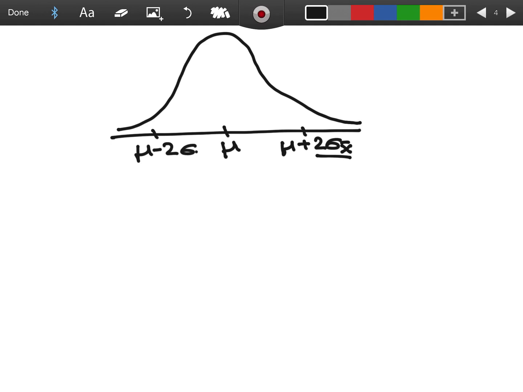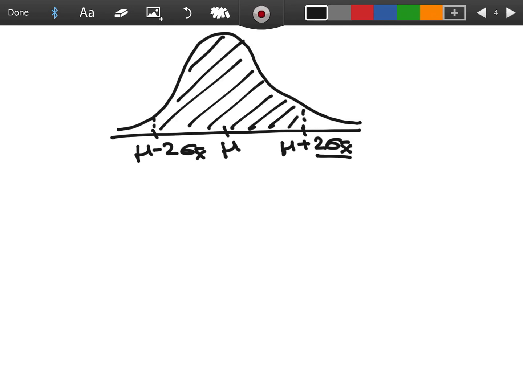So we know that within 2 standard deviations of the mean, I should have roughly 95% of my data. I will tell you now that it's actually 95 point something % of the data that lies within 2 standard deviations on a normal distribution curve. It isn't exact.